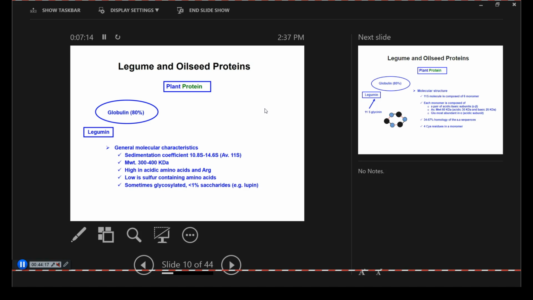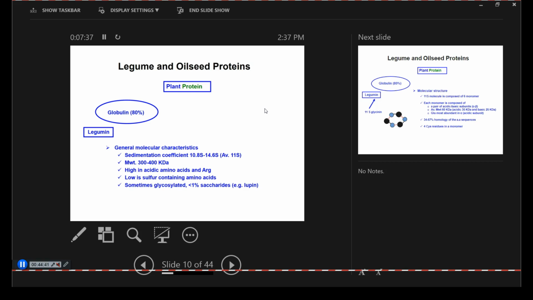So for legumin, we have a sedimentation coefficient that, depending on the genetic variant, I want to say can vary between 10.8 to 14.6, but the average is 11S. That's the 11S is an average number.